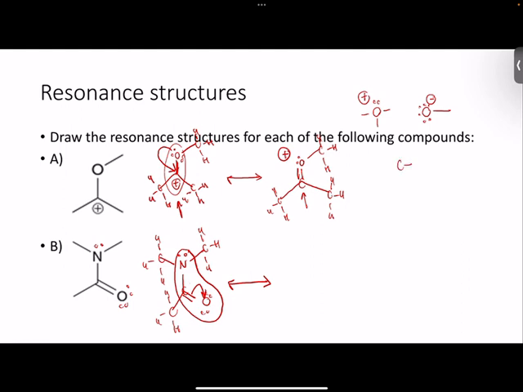Because remember, carbon with only 3 bonds, no lone pair, is gonna be positive. So when a carbon has a positive charge, that means it can always accept electrons. So you can always make another bond with it and stabilize it, so your carbon is gonna have 4 bonds and be at a regular state.